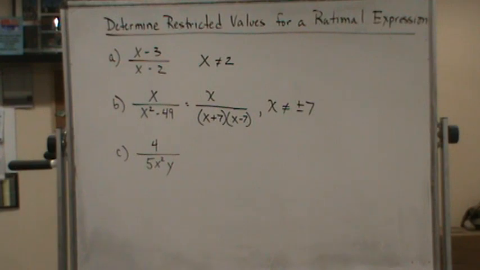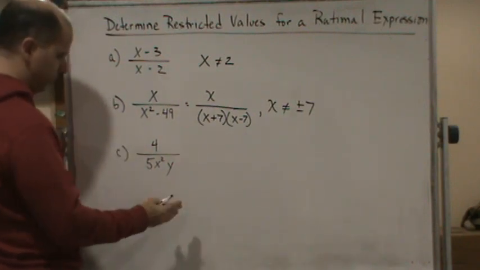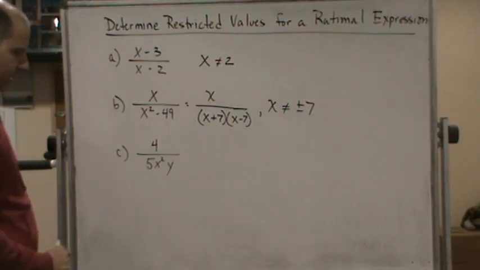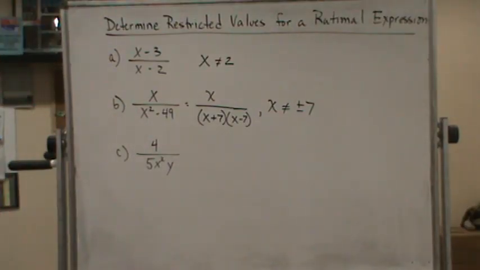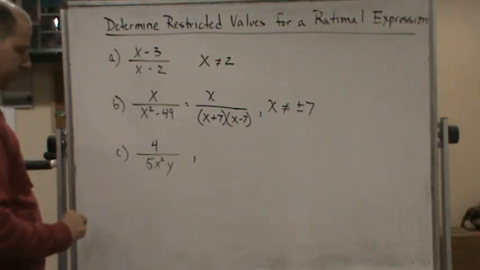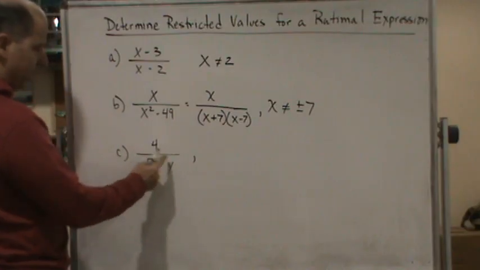Okay? Now, what about this one here? Notice how this is not factorable, but we've got a product of numbers. We've got 5x squared and y. Well, in this case, the only values that are restricted are anything that makes this product 0.